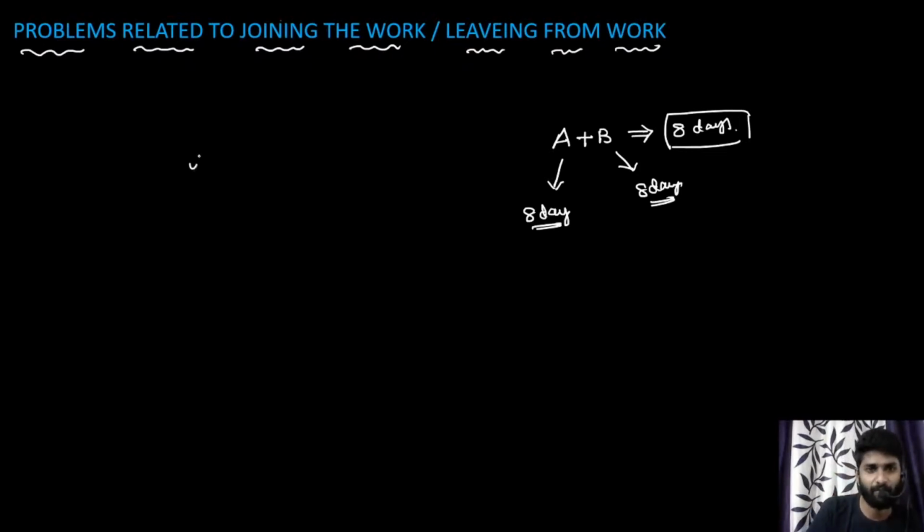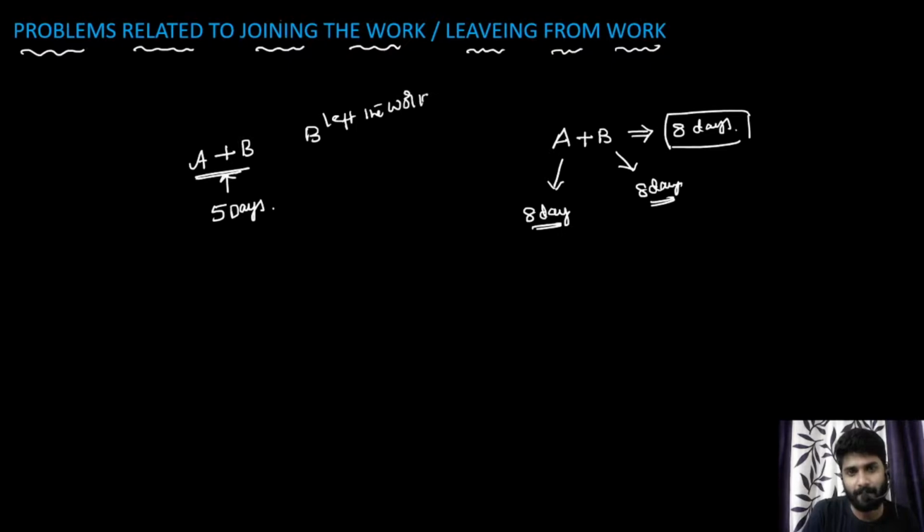Next one. For example, same information. A and B can do the work in 5 days. After 5 days, B left the work, and the remaining work is completed by A in 3 days.